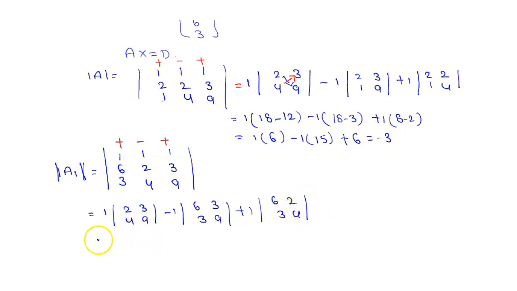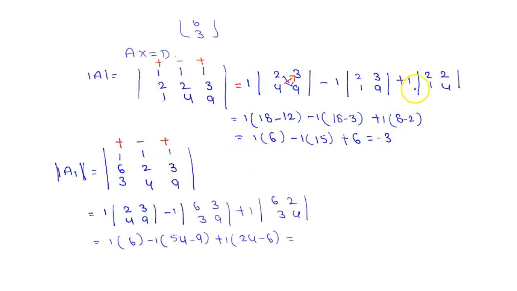So this equals 1 into 2 9s are 18, 18 minus 12, that is 6. Directly I am writing. Next minus 1 into 6 9s are 54, 54 minus 9, plus 1 into 6 4s are 24 and 3 2s are 6.